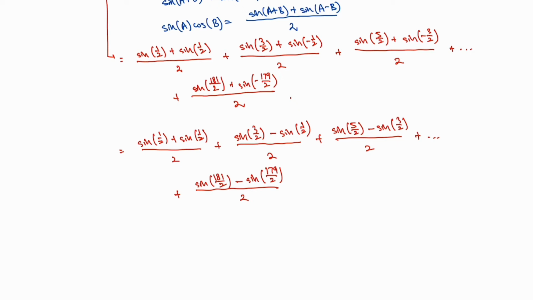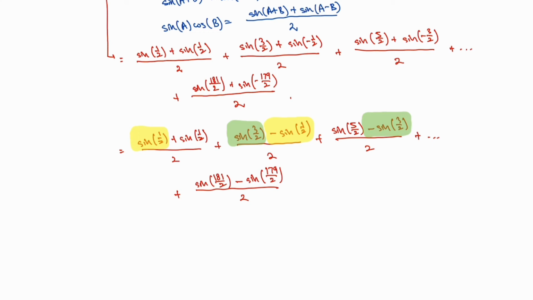The really cool thing about now is that a lot of the terms will cancel. So you can see that this negative sine of a half will cancel with this sine of a half. Likewise, we know that this sine of negative 3 on 2 will cancel with this sine of 3 over 2.